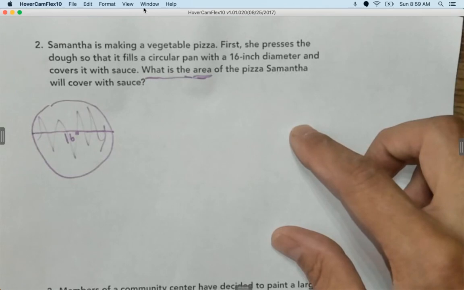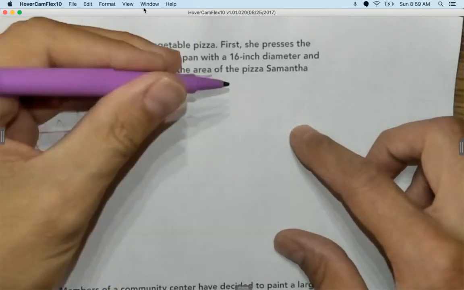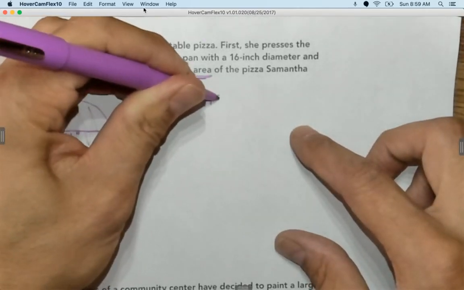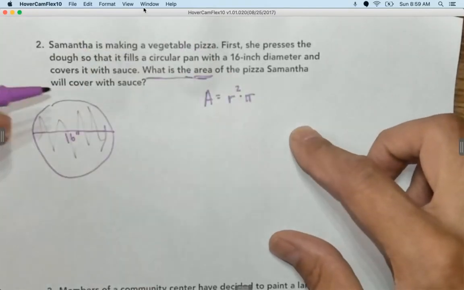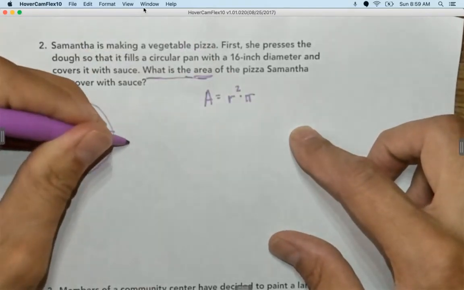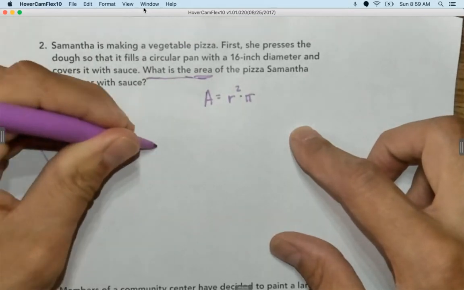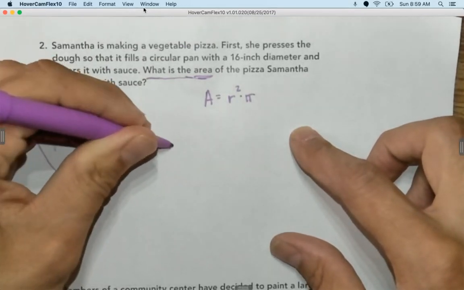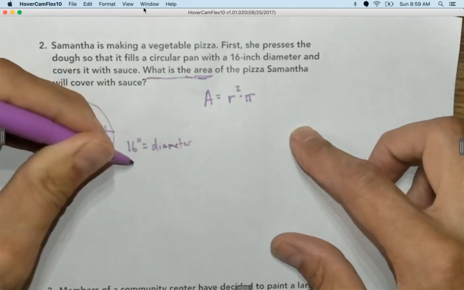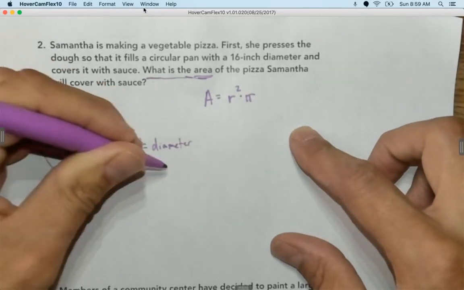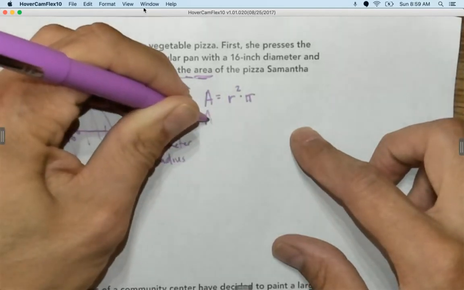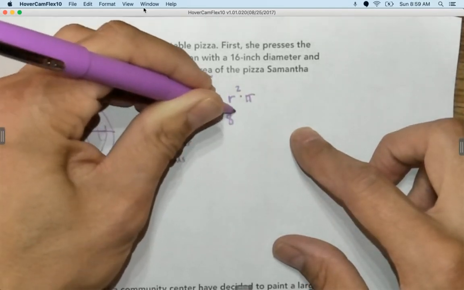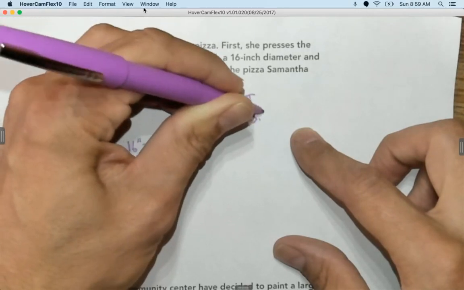Okay? So this is an area problem. R squared times pi. I know the diameter is 16 inches. So because of that, I know the radius should be 8 inches. And so area is equal to 8 squared times 3.14.